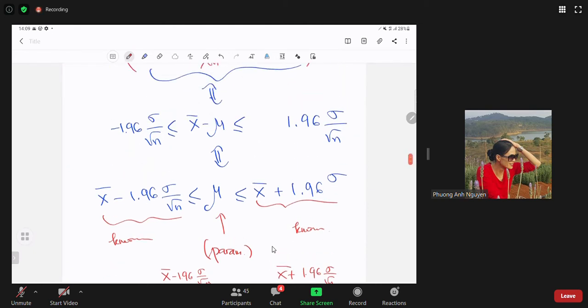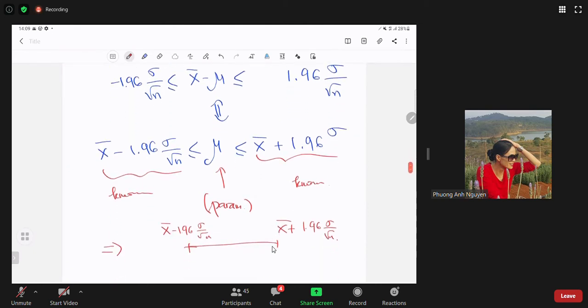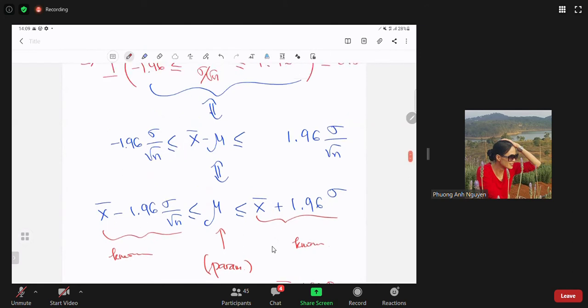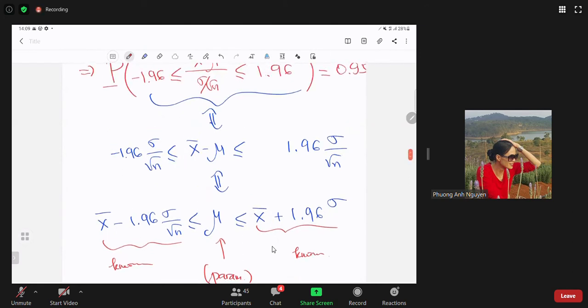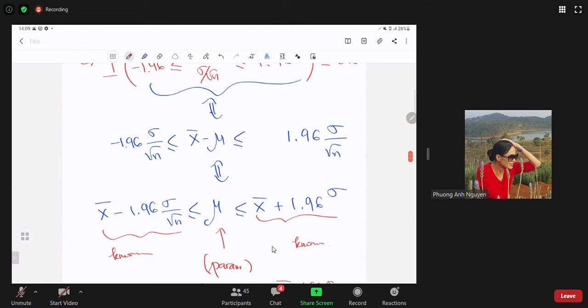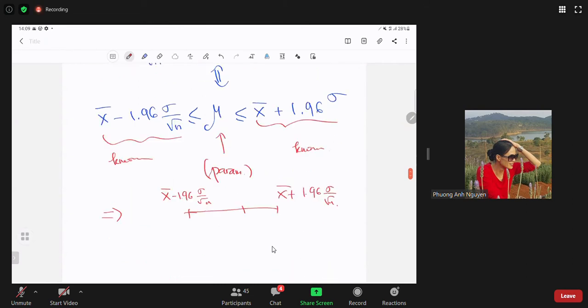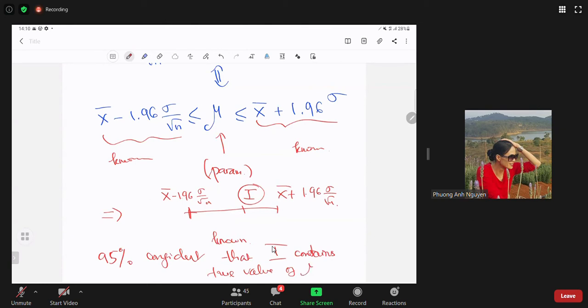And I can say that I am 95% confident, now that my interval is known from the value of X bar, that this interval I contains the true value of the parameter mu.